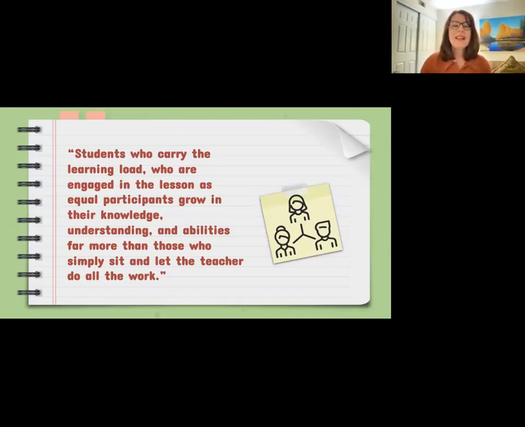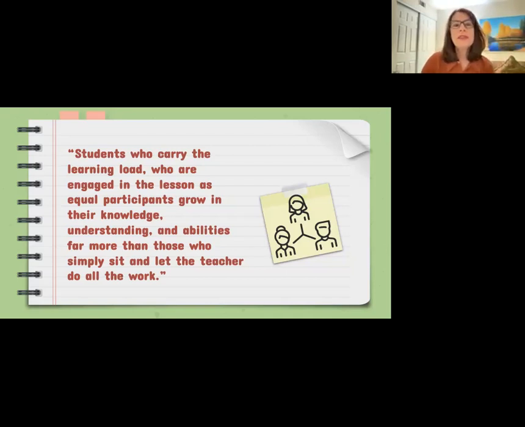So another thing to think about is not just engaging some of our students, but all of them. How do we ensure that all of the students are involved in answering the questions, sharing, talking, and participating?